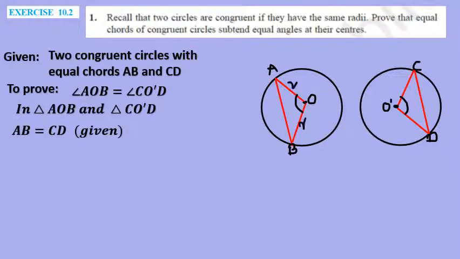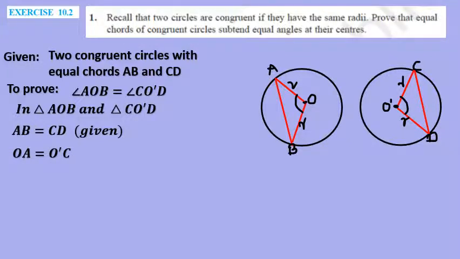Now OA, OB and O dash C and O dash D are radii of the circles. Since the circles are congruent, all the radii are equal.